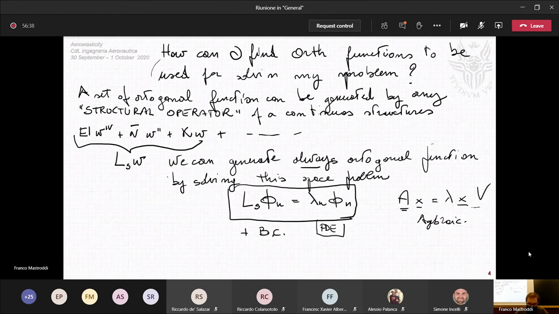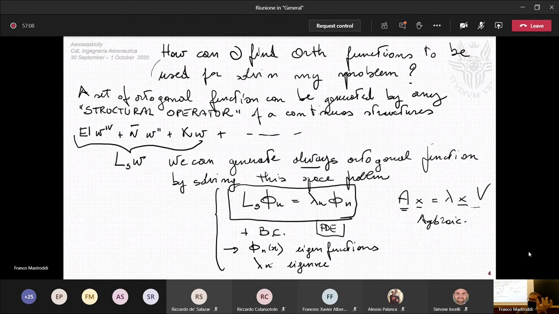So by solving this partial differential problem, we obtain the eigenfunction phi and the eigenvalue lambda. This is a strange problem. It's not an algebraic eigenproblem, but a functional eigenproblem. Ladies and gentlemen, we are currently studying a space of infinite dimension, not a space of finite dimension. But the parallelism is quite absolute.